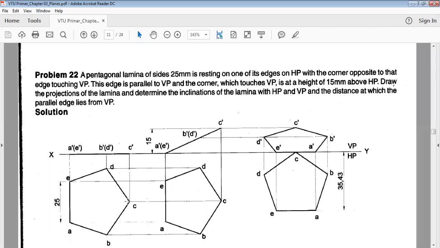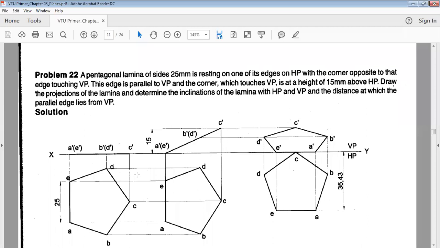So this corner which is touching the VP, can you see here? That is also given. The last position of the problem is also given. This edge is parallel to VP. And the corner which touches VP is at a height of 15 mm above HP. So rather than giving an angle, they have given 15 mm above HP.